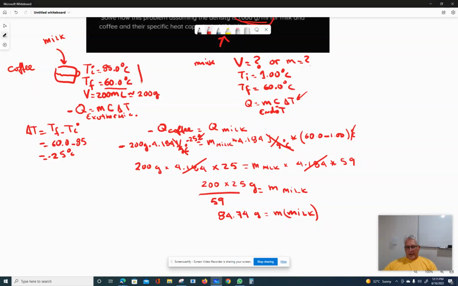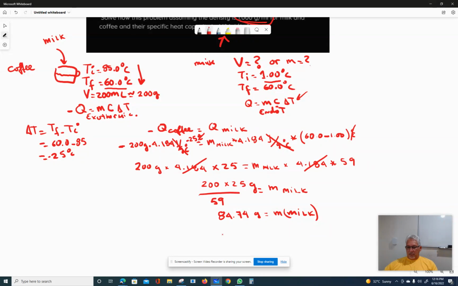That will be the mass of milk that I will use for bringing down the coffee from 85 to 60, using initial milk at 1 Celsius degree. And then of course when you mix together they both will have the same temperature. So that will be approximately the amount of milk that you need to add. And of course they probably ask you for the volume, and they say also consider the density of water like 1 gram per milliliter.